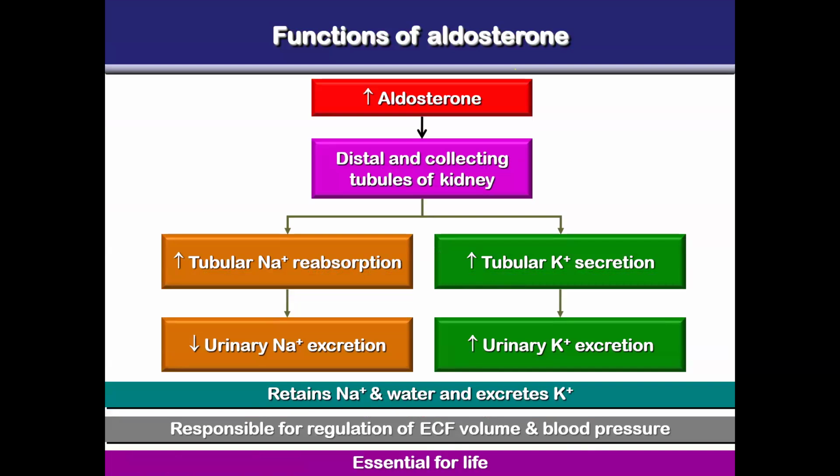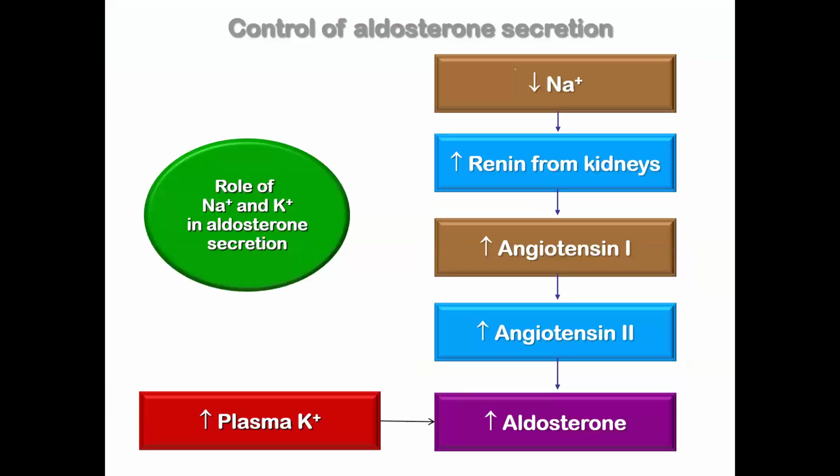Also, if potassium levels are not regulated, if potassium levels become too high or too low in the body, this will affect the excitability of the heart. There may be heart arrhythmias, the heartbeat will be disturbed, so this can lead to death. So aldosterone is a hormone which is essential for life.